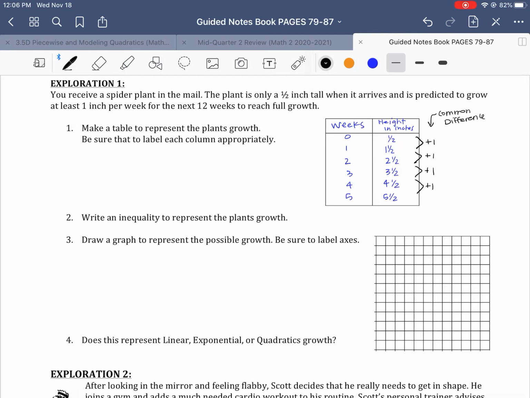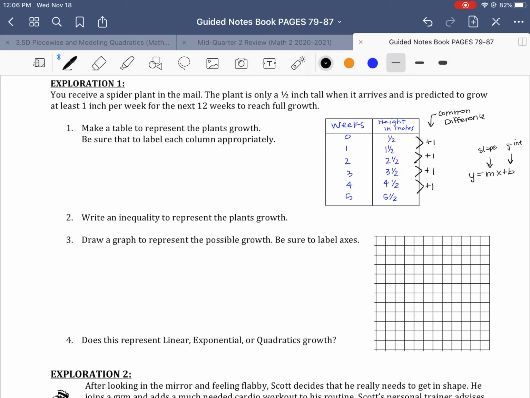If I want to create a linear function, remember that we create them using y equals mx plus b, where m is that common difference. This is the slope or the rate of change. And b is your y-intercept, or your starting value when x is 0.